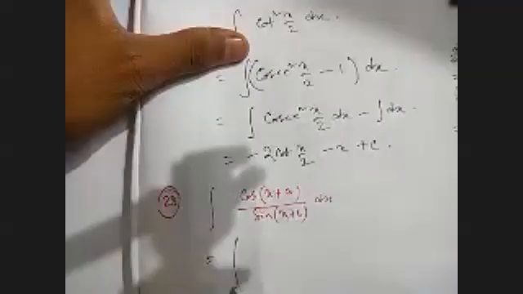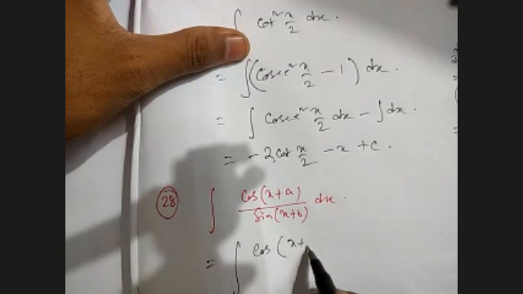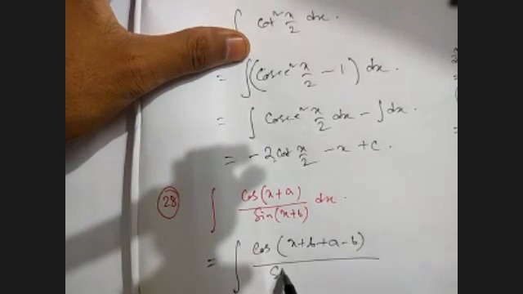Sir, in place of cos of (x plus a), we can write cos of (x plus b plus a minus b). Why am I doing this? Because in the denominator there is sin of (x plus b).